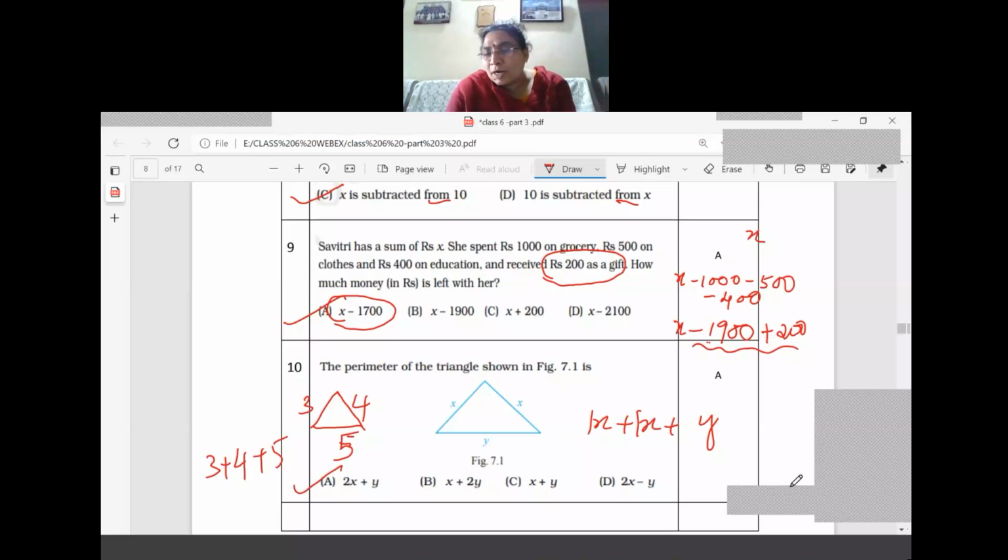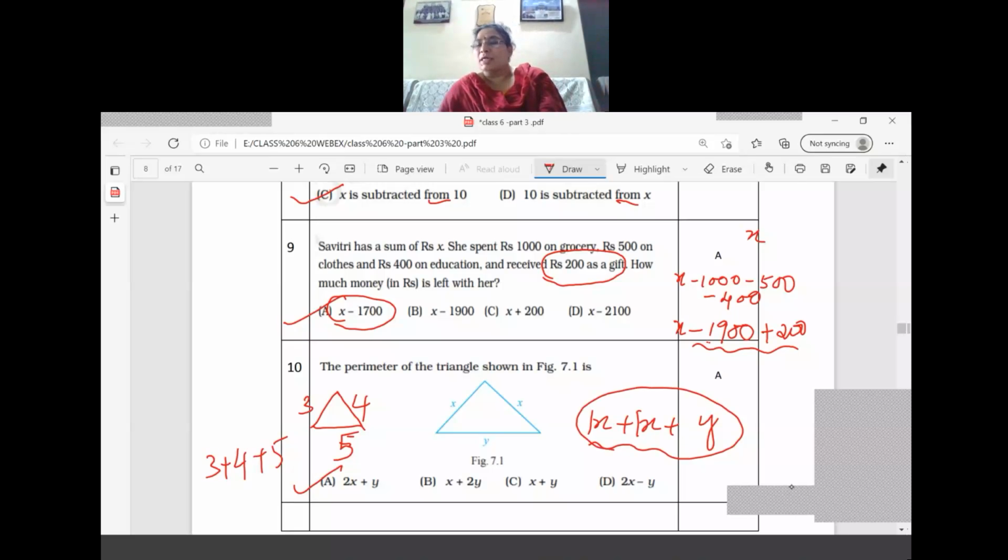At least if you understood this much, it is very clear, you know some algebra things. Here we are adding the x terms, the like terms, and that step we will learn later. But how will the perimeter be calculated?